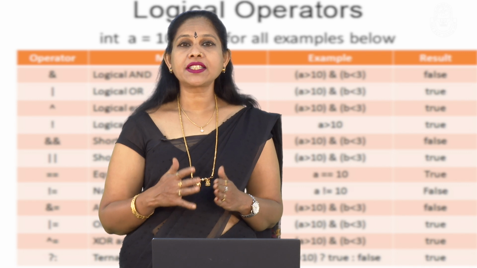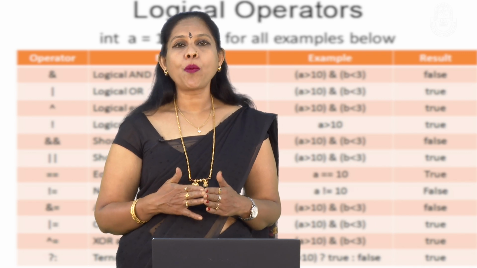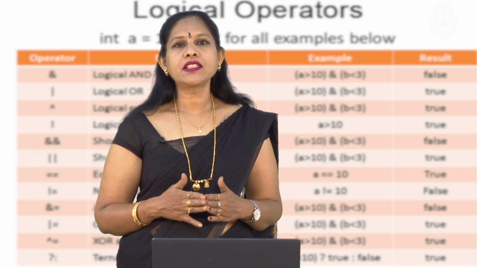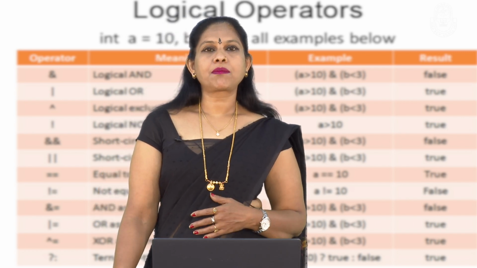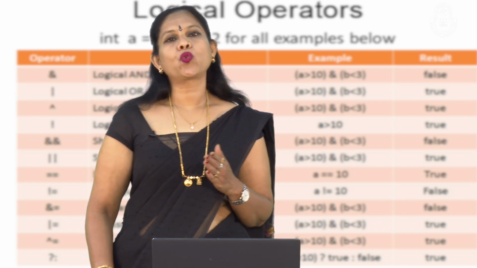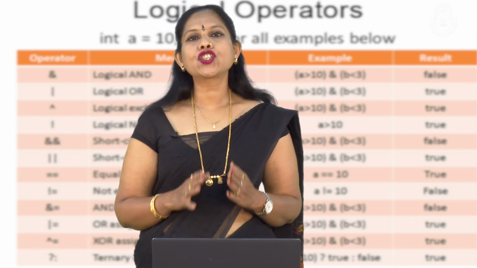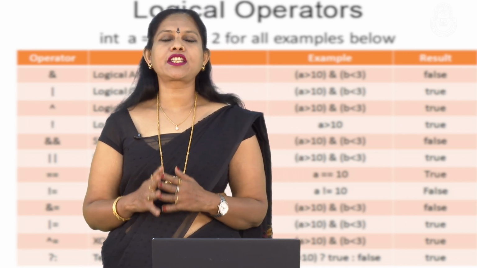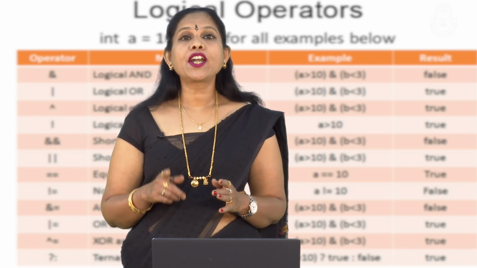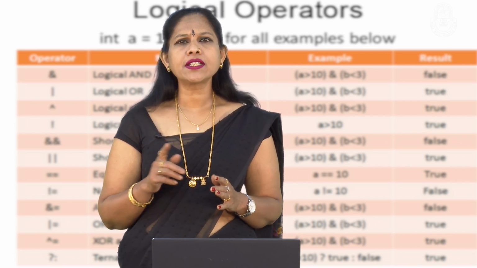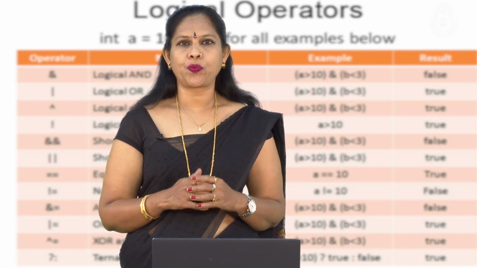If any one side fails, the operator returns false. For example, consider the following statement: gender is equal to 1 and age greater than equals to 65. This condition is true if and only if both the simple conditions are true.